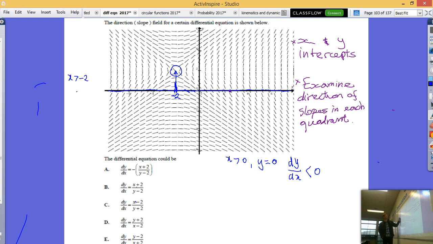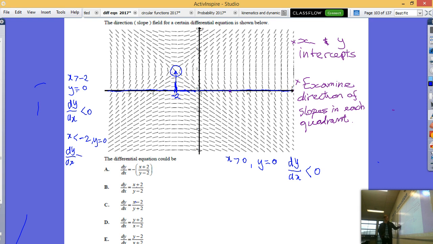Yeah? So when x is greater than that, okay, when y is 0, then we end up with a dy dx. That means, look on your axes to the right of this point, minus 2, and you can see the little tangents are negative. Yeah? But when x is less than minus 2, that's all numbers to the left, this side, when y is 0, then our dy dx now tend to go up this way.